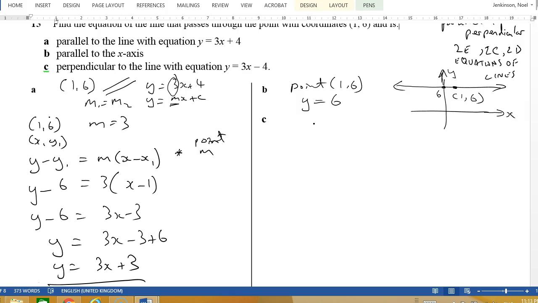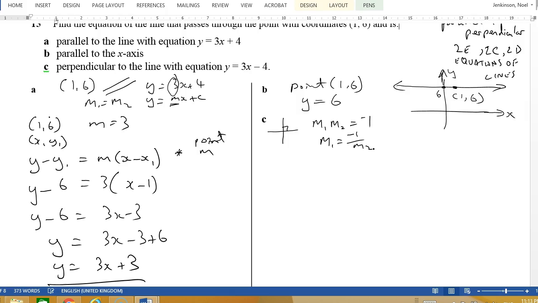And part C, what about if it's perpendicular to the line with equation y equals 3x minus 4? Now we know about perpendicular lines that their gradients are related by that formula. m1 times m2 equals negative 1, or m1 equals negative 1 on m2.